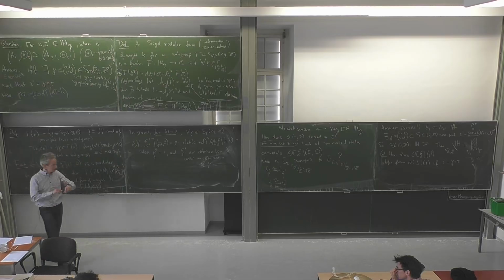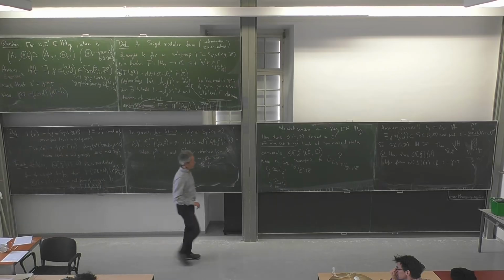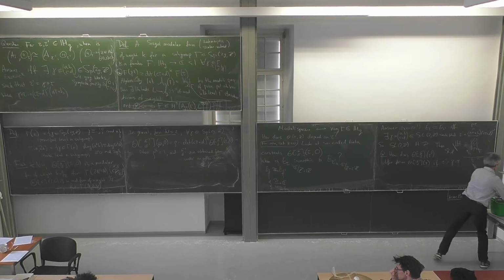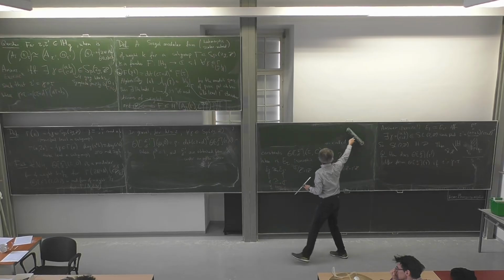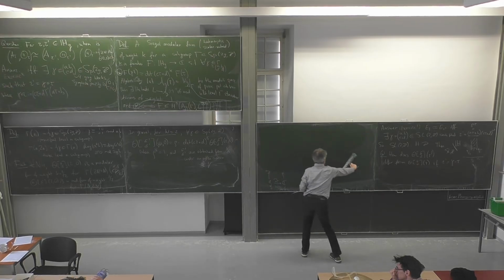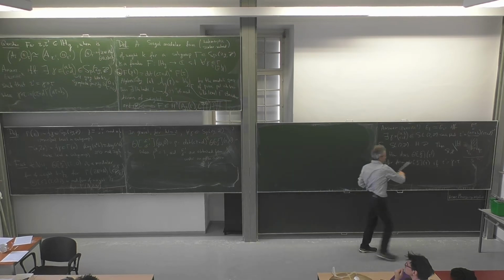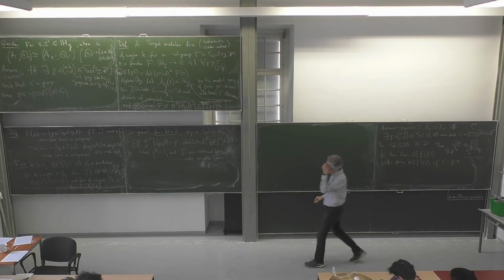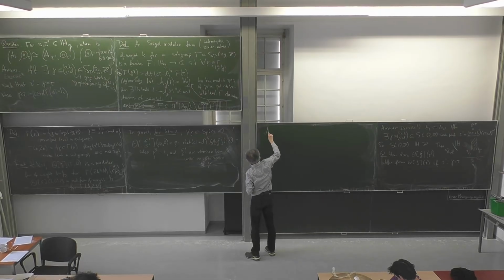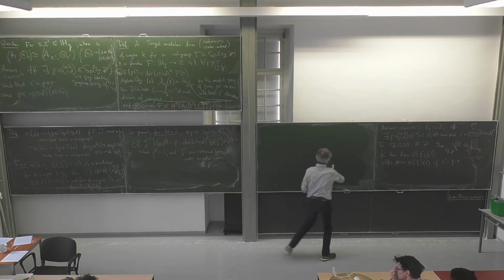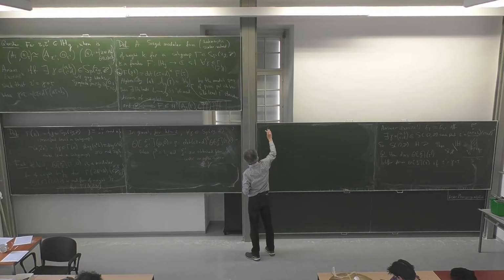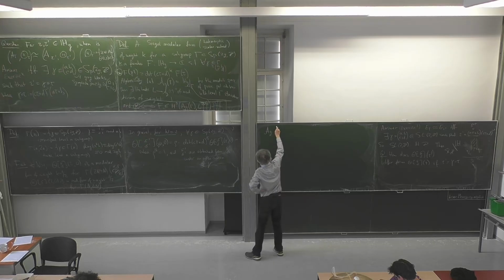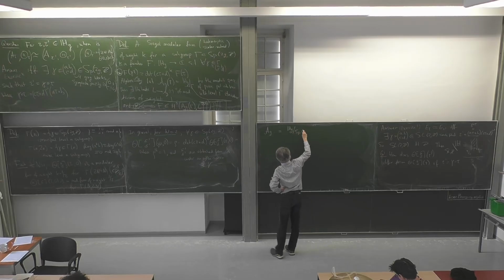Now let me take 2 minutes over time to say where this is going, and we'll be done for today. So what I wrote was A_g for gamma, but if there is no choice of gamma, I just take the quotient by Sp(2g, Z).